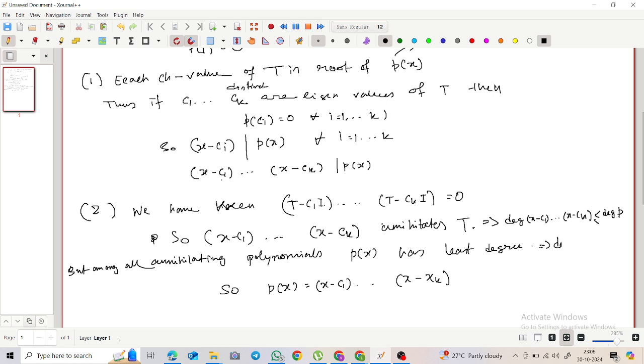This implies deg P is less than or equal to deg of (x minus C1) to (x minus Ck), right? Thus both of them are the same. So this is the minimal polynomial.